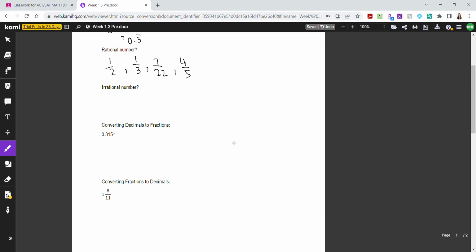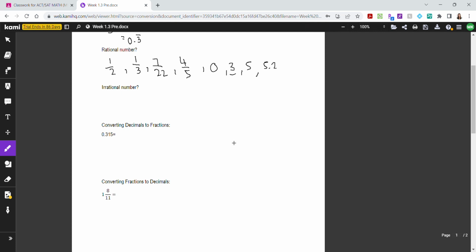And also 0, 3, 5, because these are terminating decimals. Like 3 is 3.0, that's nothing after the 0. 5.0, nothing after it. And 5.2 is a terminating decimal, right? So all these will be considered rational numbers.